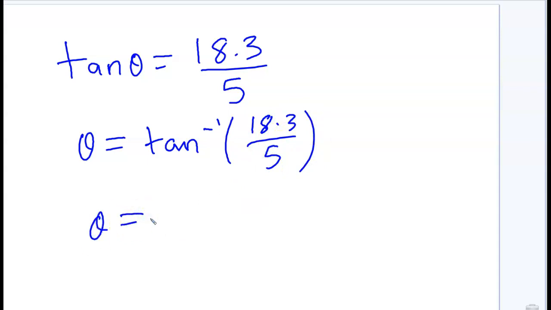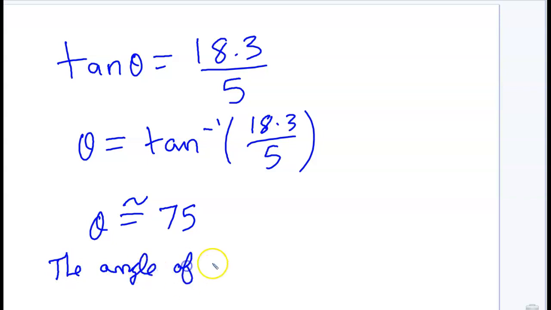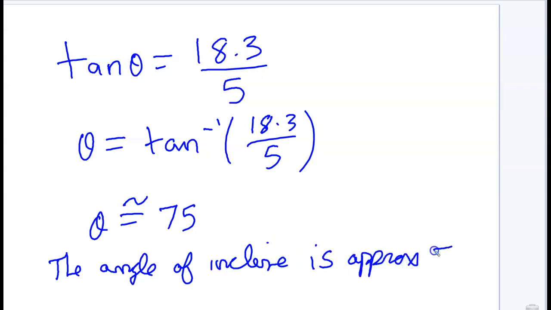Second tan, 18.3 divided by 5, and this works out to be approximately 75 degrees. So again, the statement: the angle of incline is approximately 75 degrees.